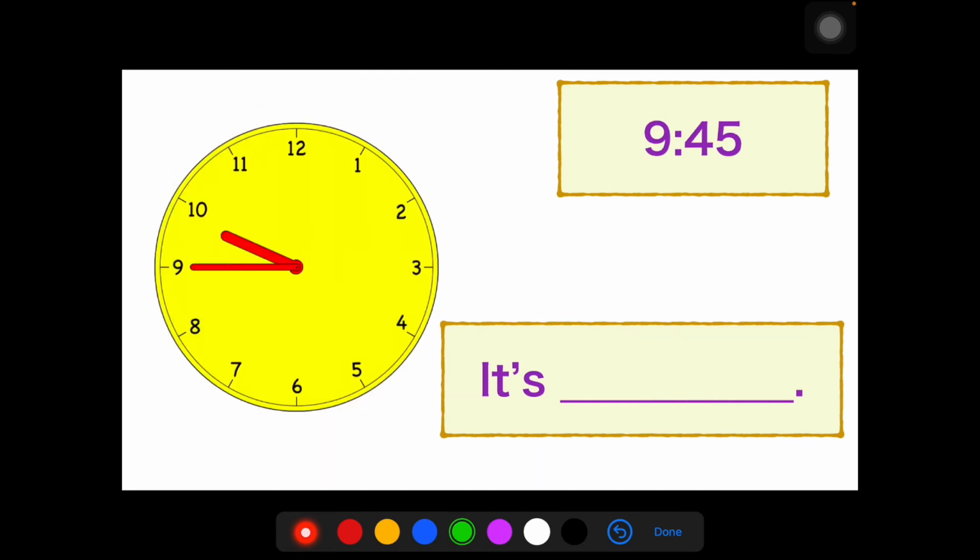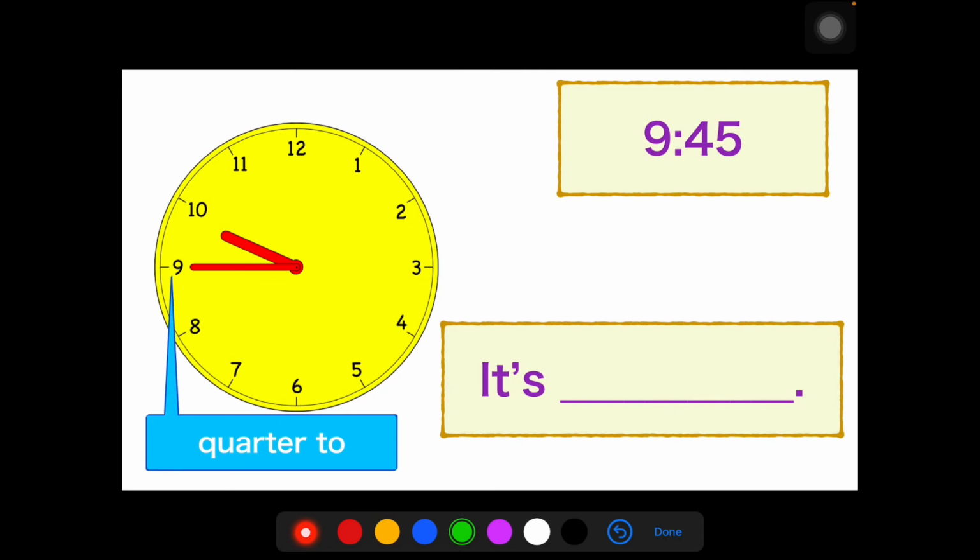Alright, let's look at the next one. How about this? What if the long indicator is pointing at number 9? Normally, if the long indicator is pointing at number 9, that means it's 45 minutes, right? So if it's 15 minutes or 45 minutes, we have a specific word for it. If it's 9, we use "a quarter to."